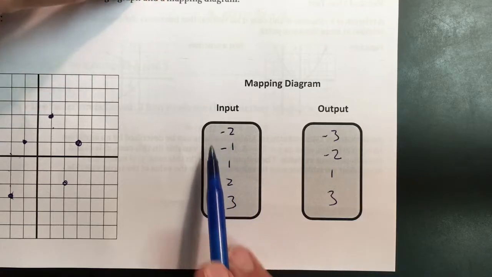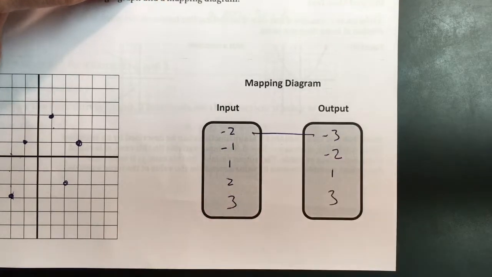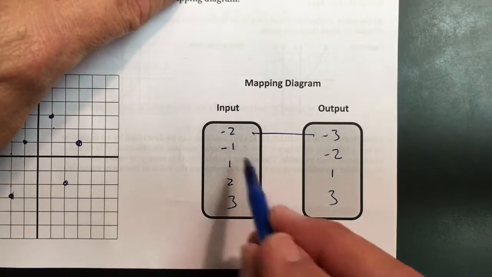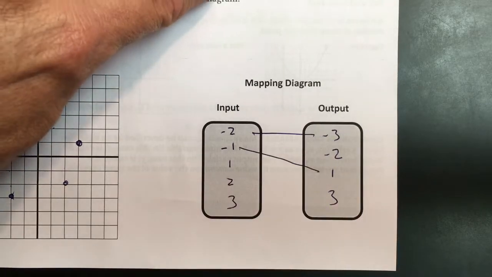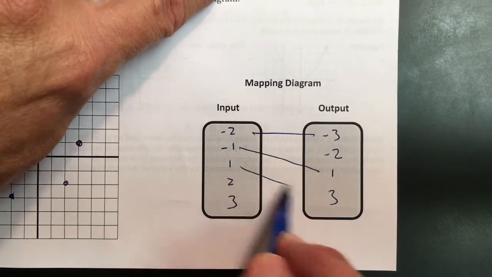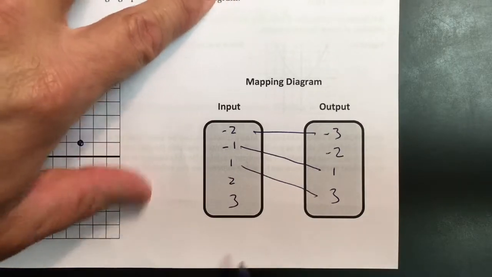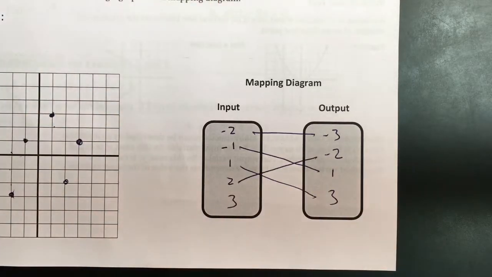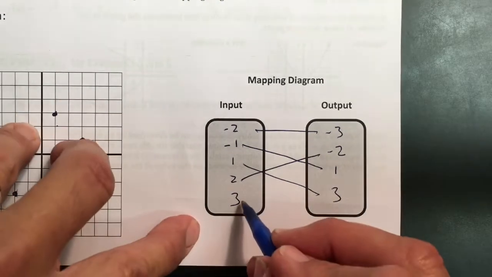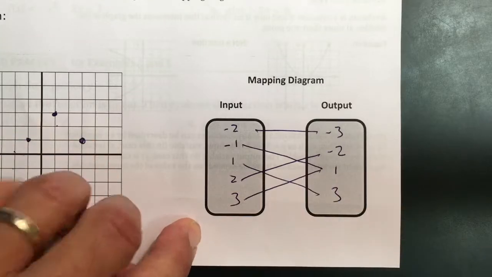So -2 went to -3. -1 went to 1. 1 goes to 3. And 2 goes to -2. And last, 3 goes to 1. That's the mapping.